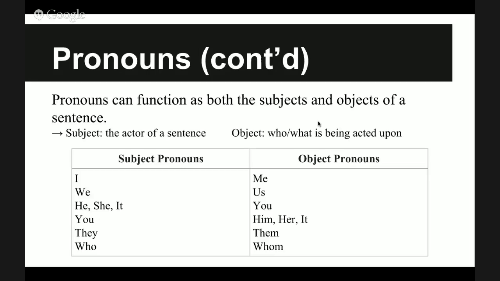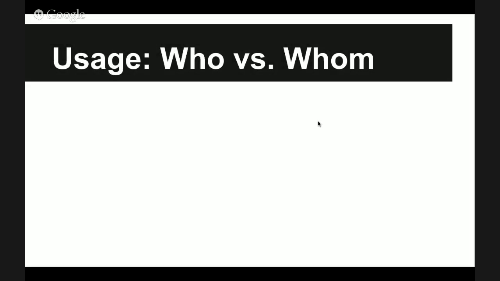And that leads us to one of those commonly asked grammatical questions, and that is, when do we use who and when is it correct to use whom? Often people make the mistake of incorrectly using whom because they think it makes them sound more formal or more correct or more grammatical.